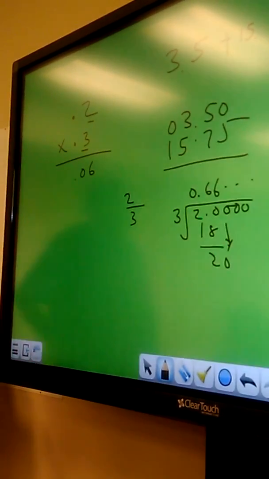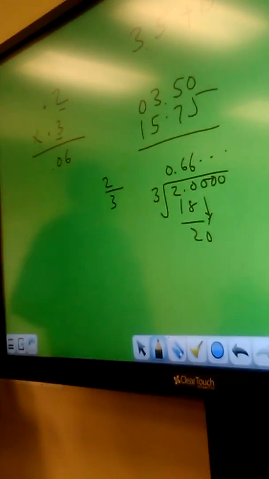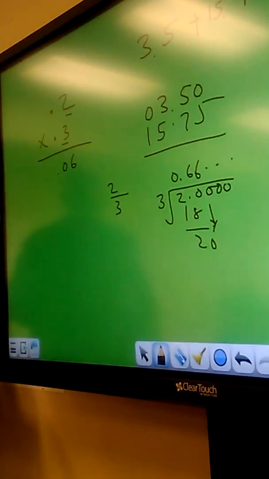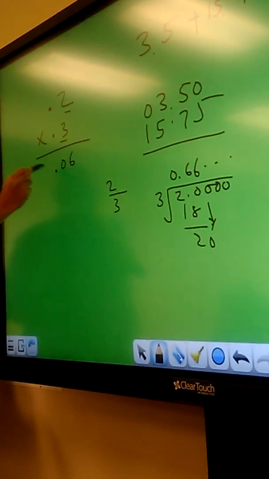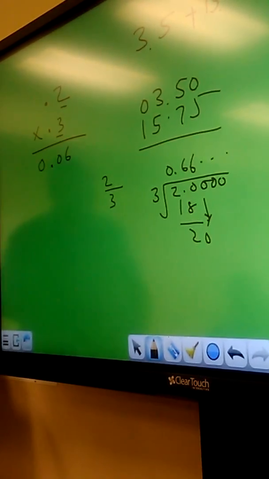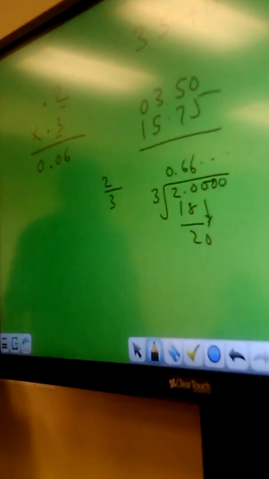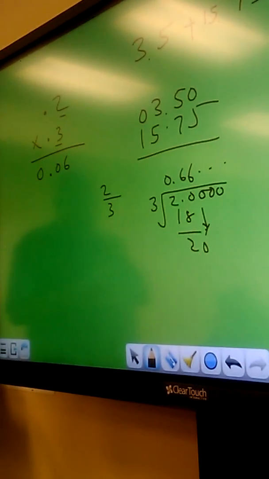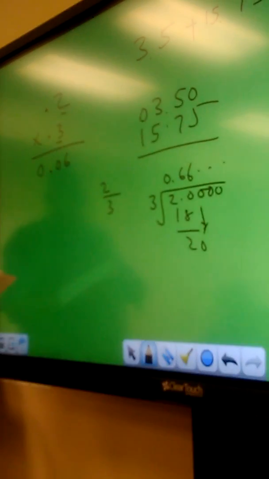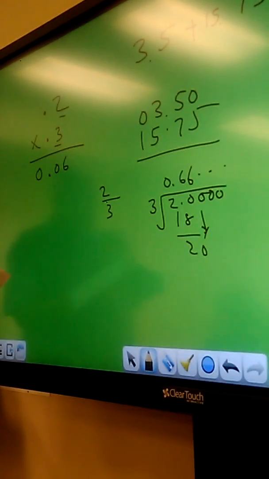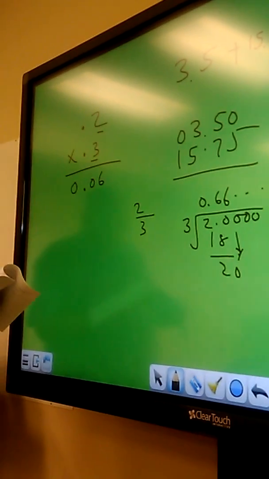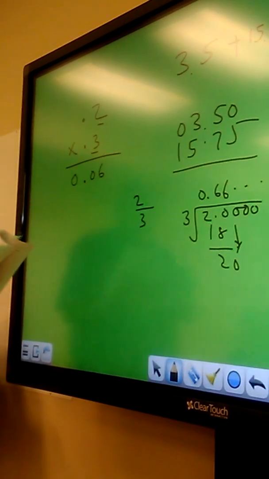Right? So the answer is 0.06, not 0.6. And to make sure that everybody understands that there is no whole number, I also put a 0 there. So those were some of the things that we did in decimals, converting back and forth.